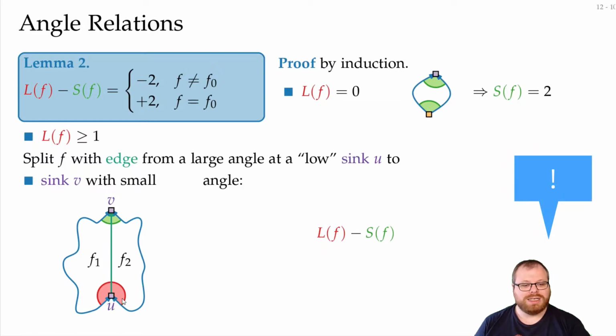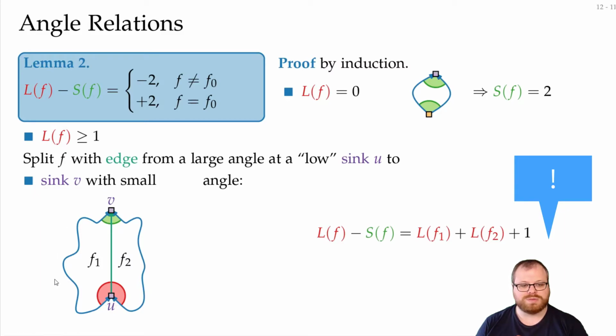This large angle here gets split, and in f1 and f2 it doesn't exist. So the number of large angles in f1 and f2 is exactly 1 less than the number of large angles in f. The small angle here gets split. It's a small angle in both f1 and f2.